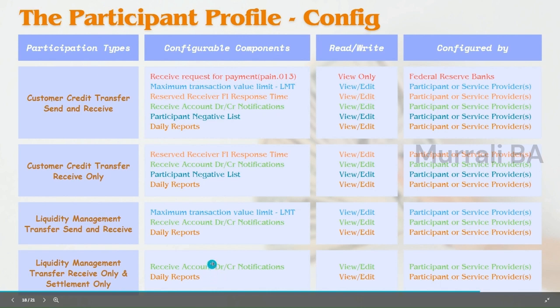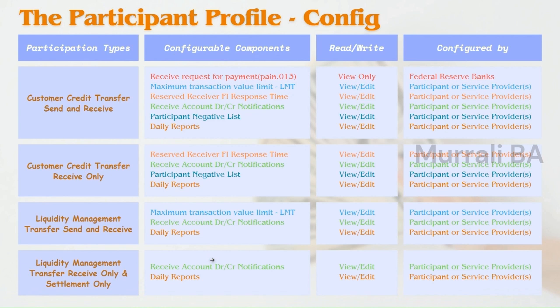Even though you are a correspondent, if you want to track what happens in your settlement account, you can choose a debit credit notification and daily reports about what is happening in your accounts. So this is the basic summary of your participant profile and the options you will have based on the participant type you chose.